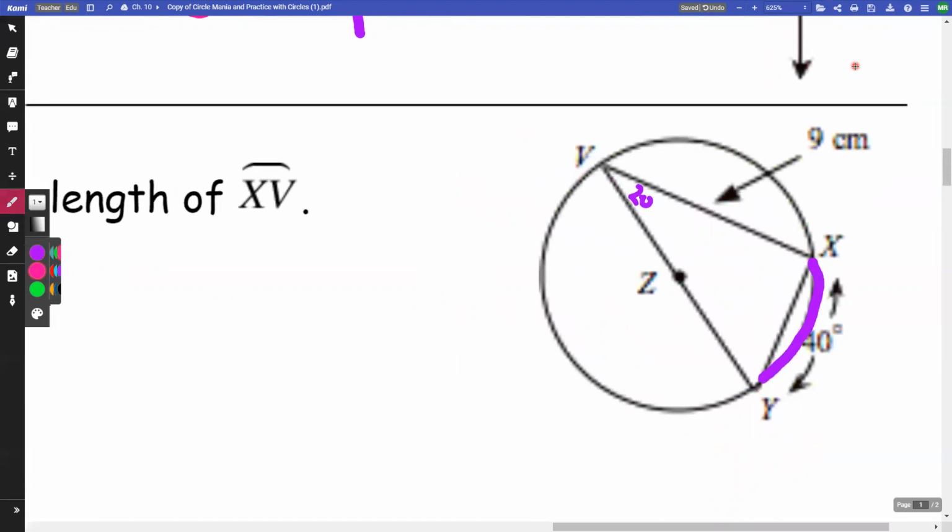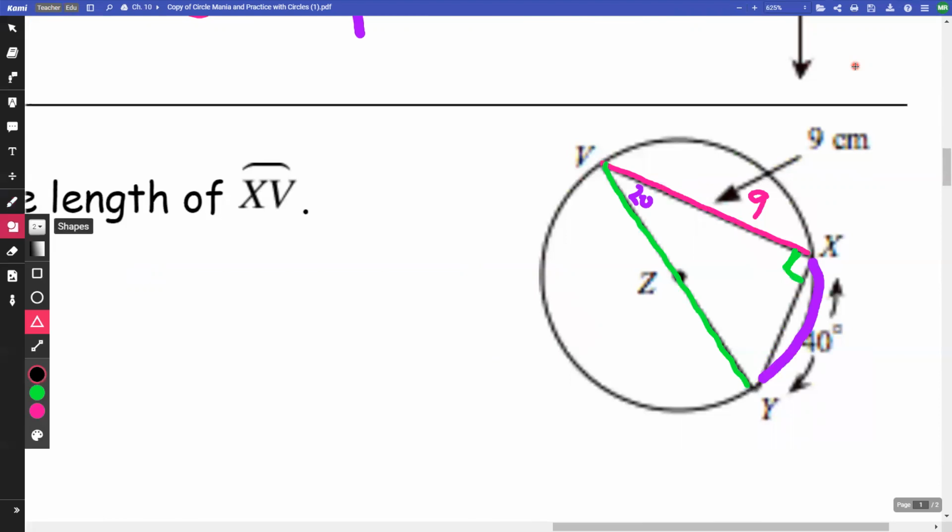I also know that this length here is 9. And because this right here is a diameter, that means that this inscribed angle is 90 degrees. So I have a right triangle here, and I am going to need to find my hypotenuse basically.